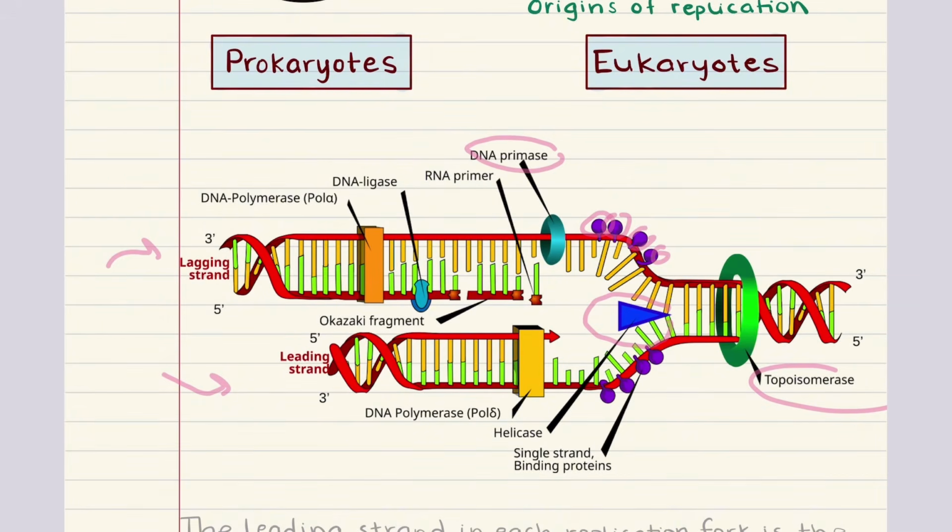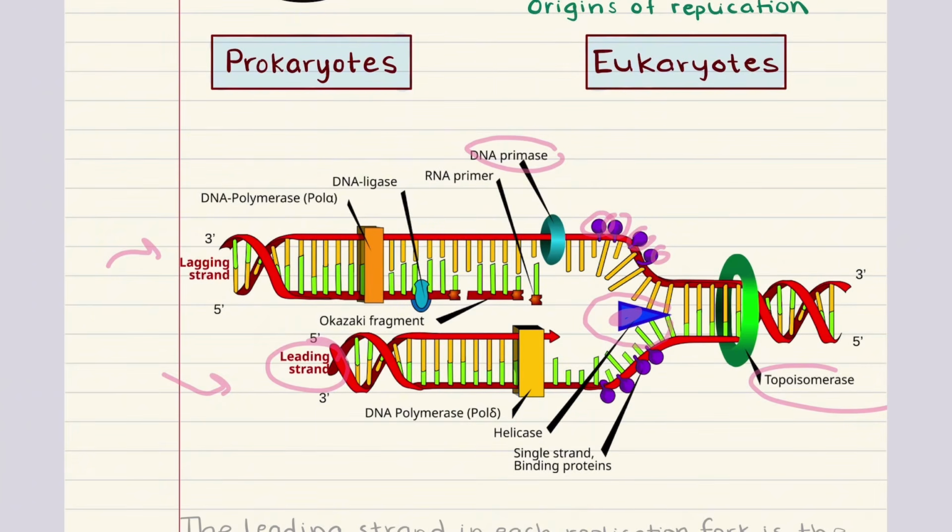We're going to start with the leading strand. The template strand for the leading strand runs 3' to 5' towards the replication fork. DNA polymerase can follow right behind helicase and synthesize the new strand continuously. This is carried out by DNA polymerase.